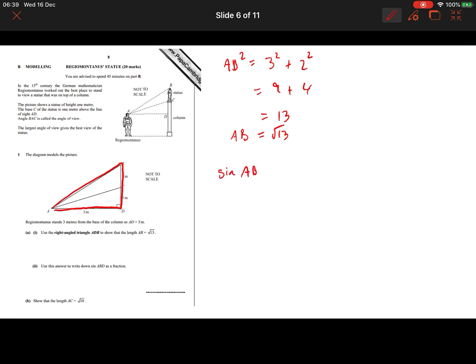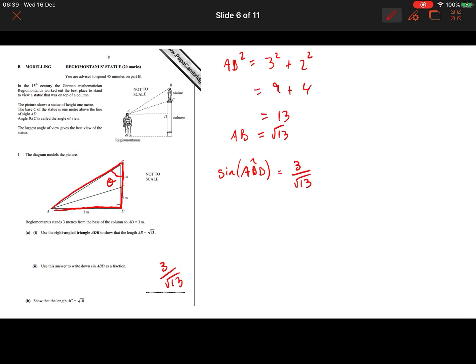Now we're asked to write down the value of sine ABD. That's the angle ABD, this angle here. That's opposite over the hypotenuse. There we go, there's sine of angle ABD. Let's just write that down under there.